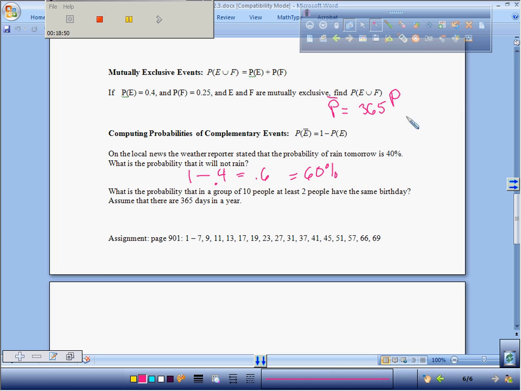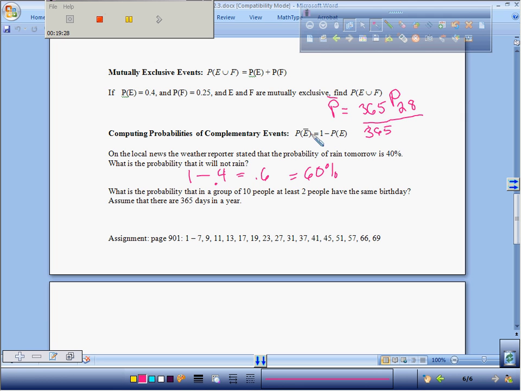So that would be 365 permutation 28. And out of how many altogether? If everyone could choose one particular birthday, what would that be? 365 raised to the... it wouldn't be 365 to the 28, would it? Yeah, it would.